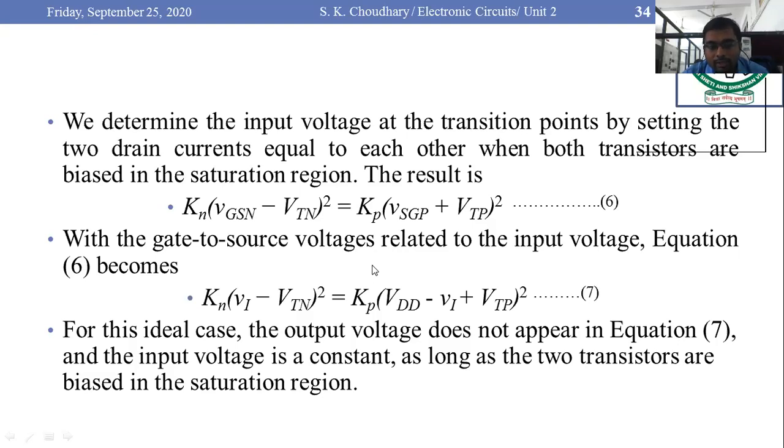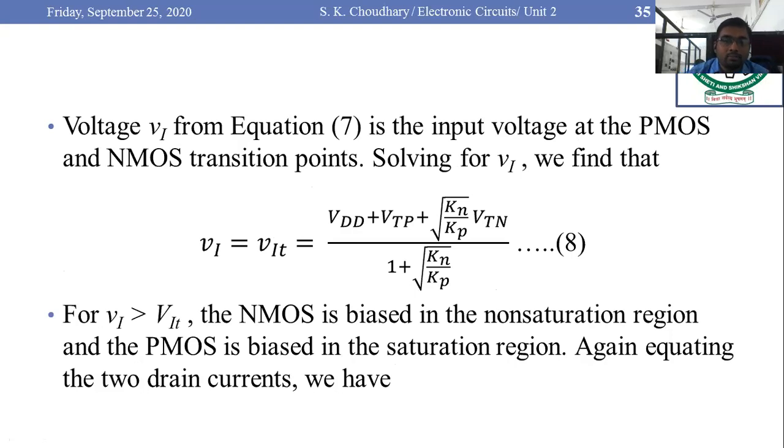Now, considering the ideal case, from equation number 7 we derive the equation of the input voltage Vi. We get equation number 8, defining the input voltage Vi, which is also VIT: VDD plus VTP plus root under Kn upon Kp into VTN, upon 1 plus root under Kn upon Kp. This is the formula we will use in the first numerical.